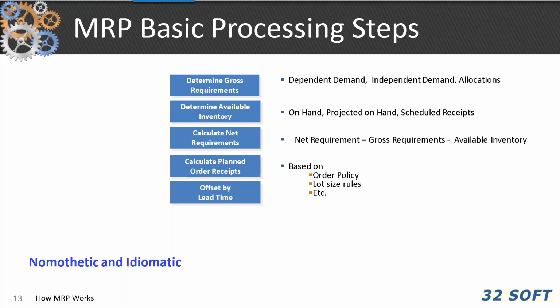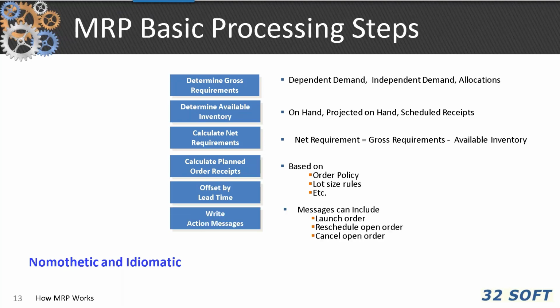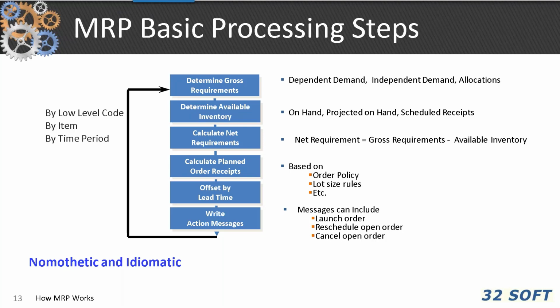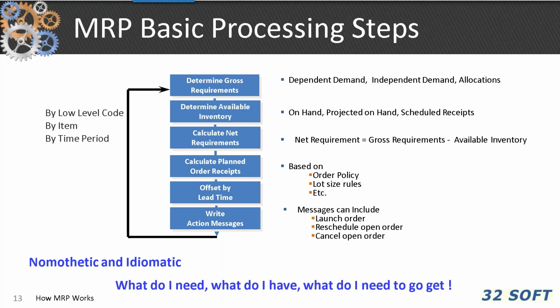And then it generates action messages. It does this level by level throughout the bill of material. The MRP process can be broken down into 4 steps: identify requirements, check inventory, schedule production, identify issues. We need to answer the questions: what do I need? What do I have? And what do I need to go get?